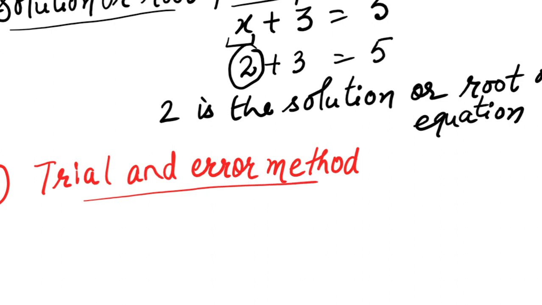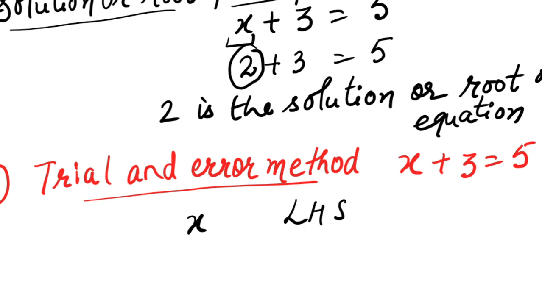In the trial and error method, suppose we have this same equation, x plus 3 is equal to 5. So we try several values of x. We have x, then the left hand side and the right hand side.